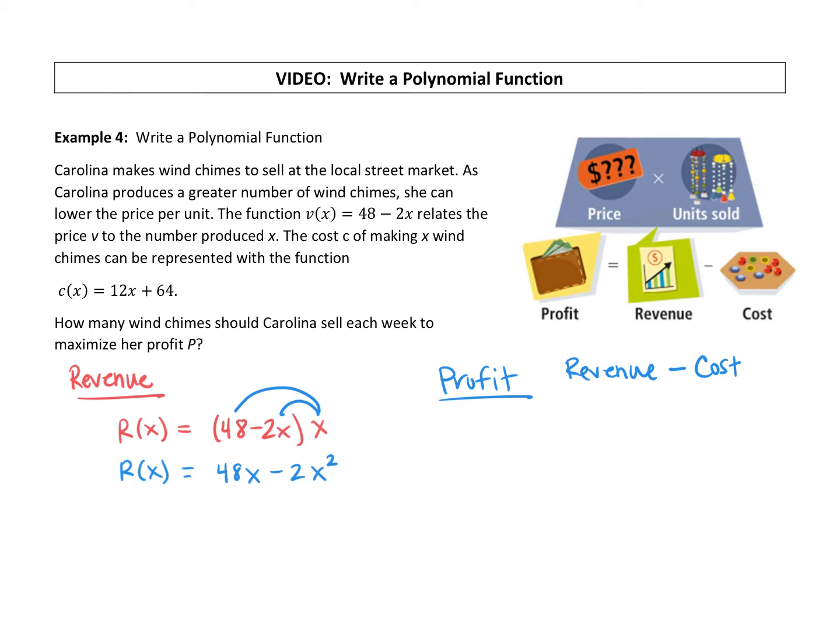So we're going to take the revenue and subtract out the cost. So her profit is equal to, well, we just wrote a function for the revenue. We just said it was 48x minus 2x squared. We're going to subtract out the cost, and they gave us a function for the cost, 12x plus 64.